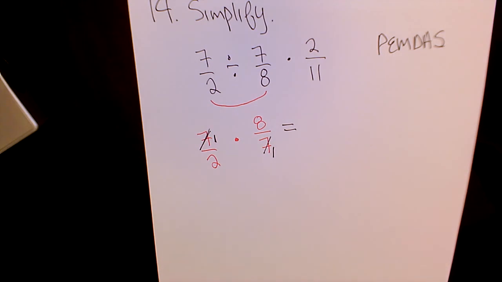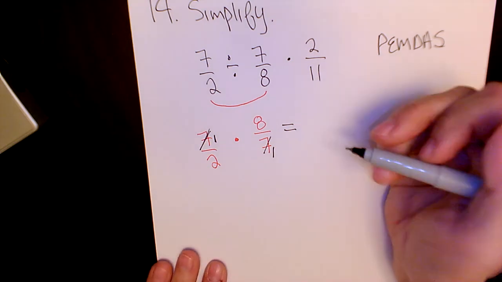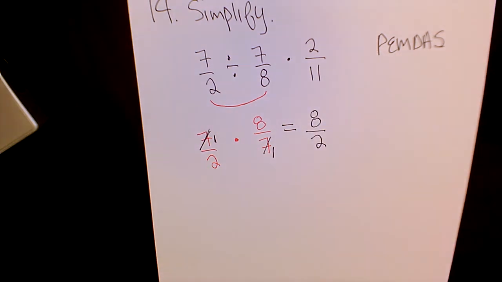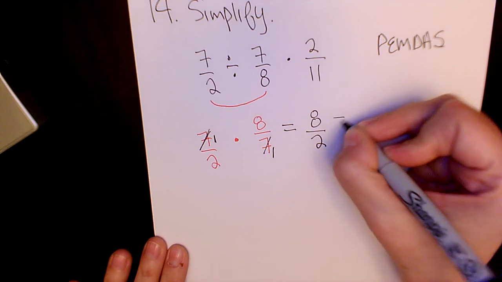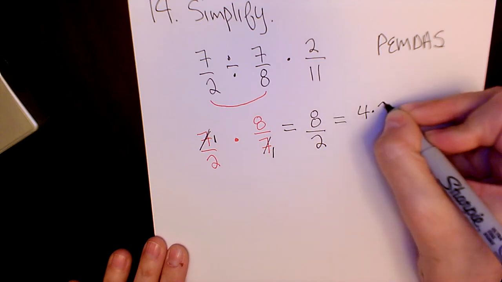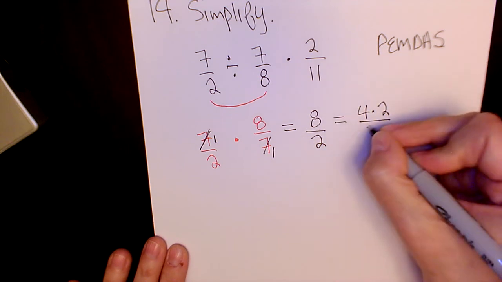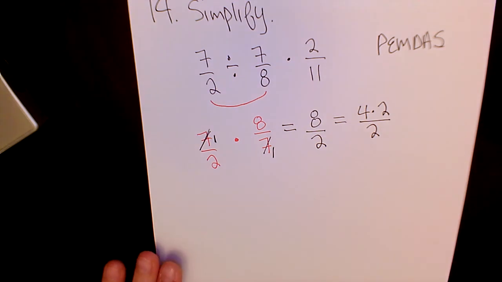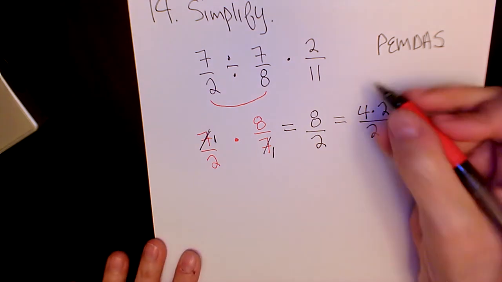So right now I've got 8 over 2. I could reduce that. Let's see. 4 times 2 is 8, and this is just 2. So I'm doing the factors again.